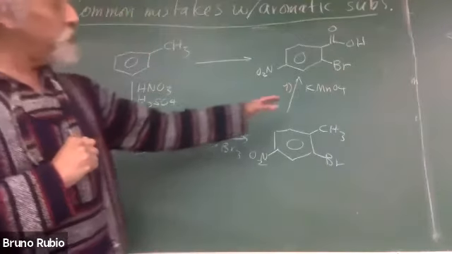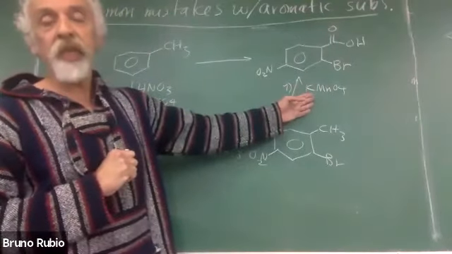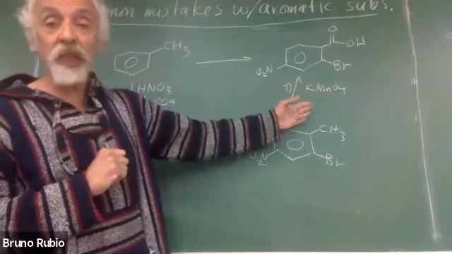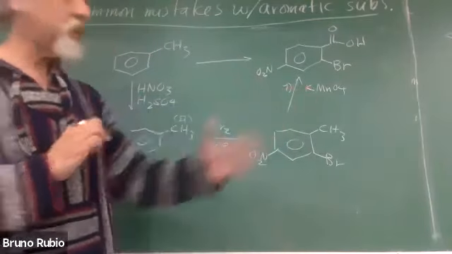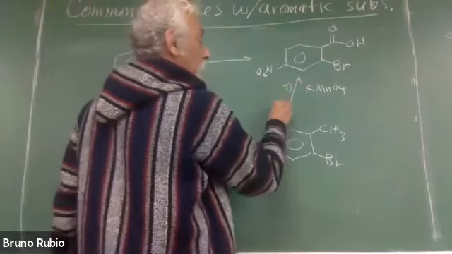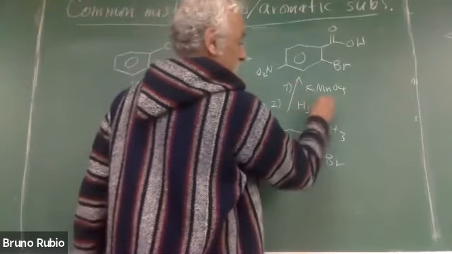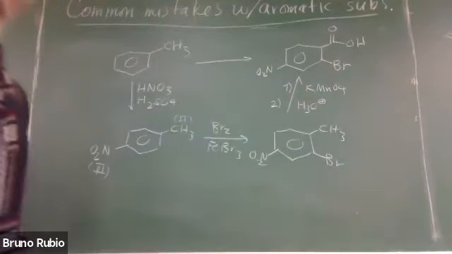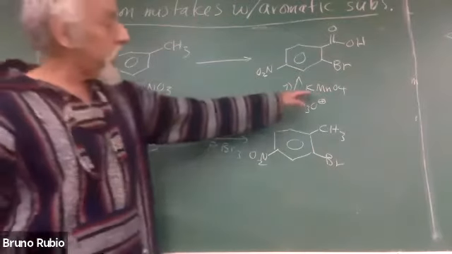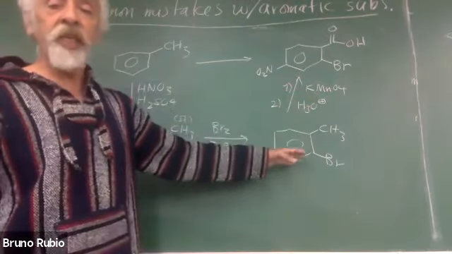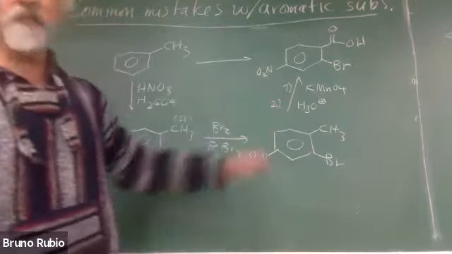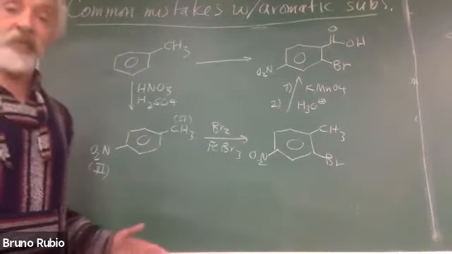It's important to remember that this oxidation employs basic conditions. So if I want the carboxylic acid, I need a workup step with aqueous acid to put the proton back on. This KMnO4 oxidation is a very frequent transformation of a pre-existing group.